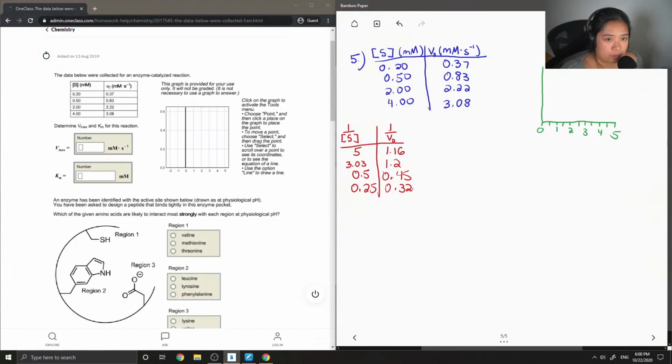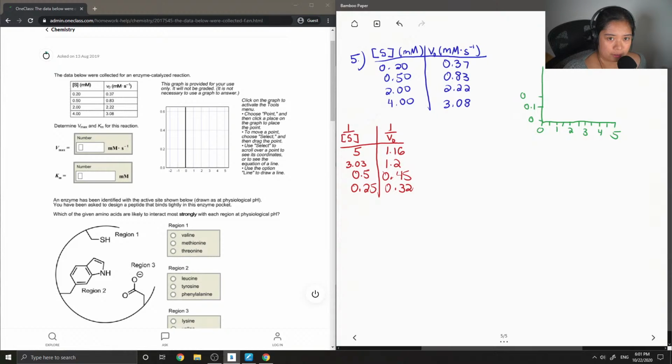Then for the y-axis, it's going to be the 1 over the rate. So let's do 0.1.